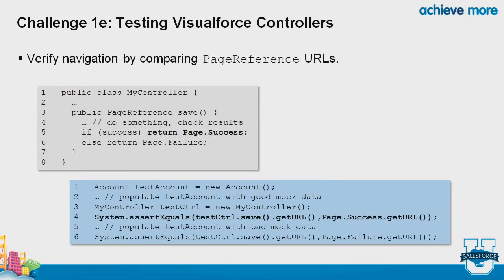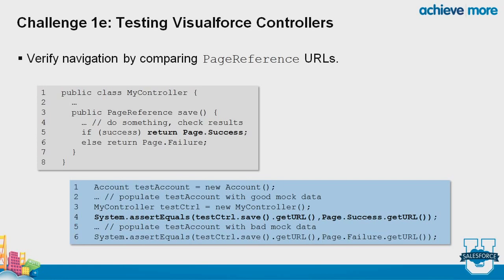Continuing with Visualforce, as I mentioned before, the action methods on a controller do two things, data and navigation. The navigation is controlled through the return type of that method, which is a variable of type page reference. So how do you know that you are actually sending the user to the page that you want?